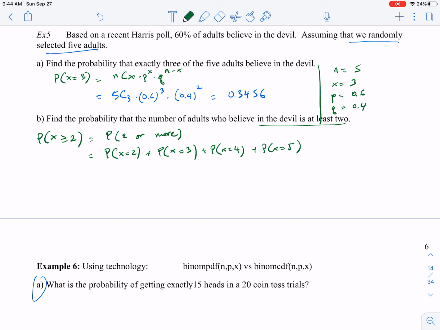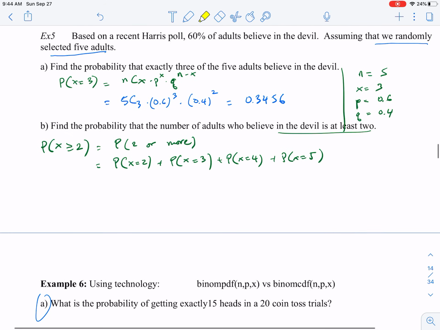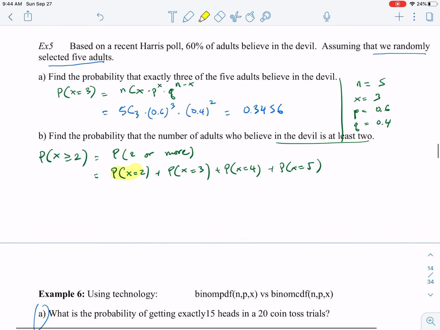That's what the OR means, the addition rule, right? So we will have to apply the binomial probability formula 4 times to get this answer, because it's at least 2, meaning 2 or more. So chances are we probably don't want to go this route.